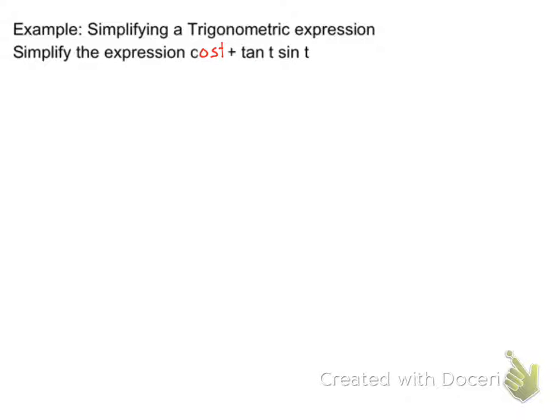So, cosine t. Can you change cosine t into other things? Yeah, we can change it into 1 over secant, but that makes it look messier, so we're going to leave cosine t. Plus, what's tangent of t? Sine t over cosine t.